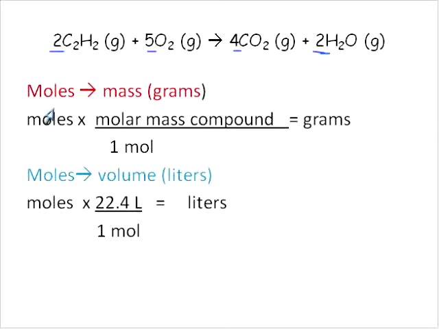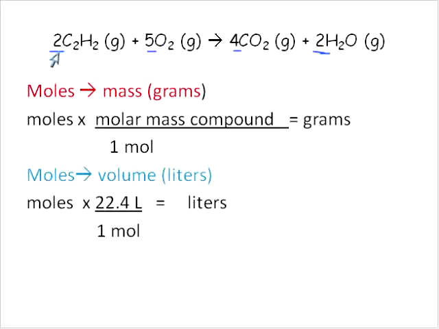We can use moles and convert it to mass, grams. For example, let's say we have 2 moles, and we would need to get the molar mass of C2H2, and that would be per 1 mole, and that would give us grams.